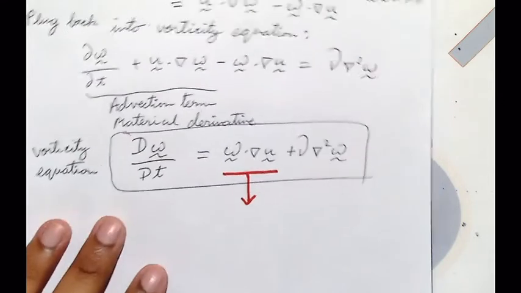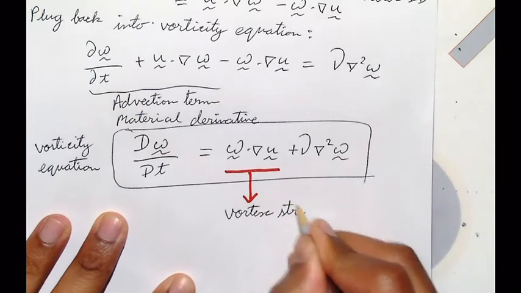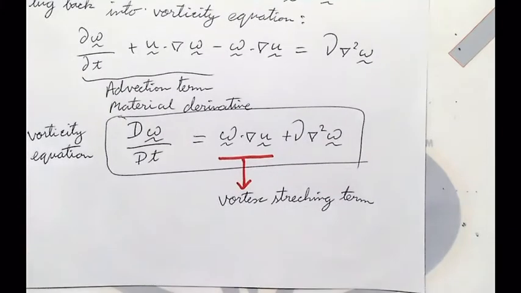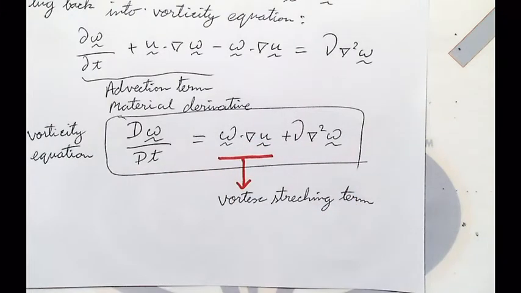Maybe you have seen it before. It's called the vortex stretching term. And you've probably heard of the turbulent cascade. The source of turbulence is this term. If you have vortex tubes, they get stretched out and deformed because of this term. If this term is 0, you will not get any turbulence. Any questions up to this point?